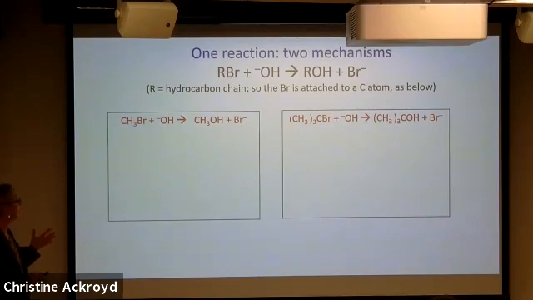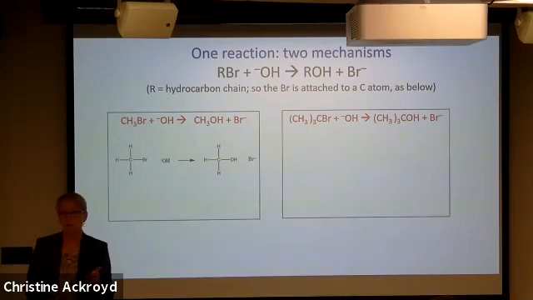So what's happening is, suppose you have something like this. The carbon bromide bond has to break, and then you form a new bond to carbon using the electrons on the hydroxide. Okay, this is what chemists noticed.